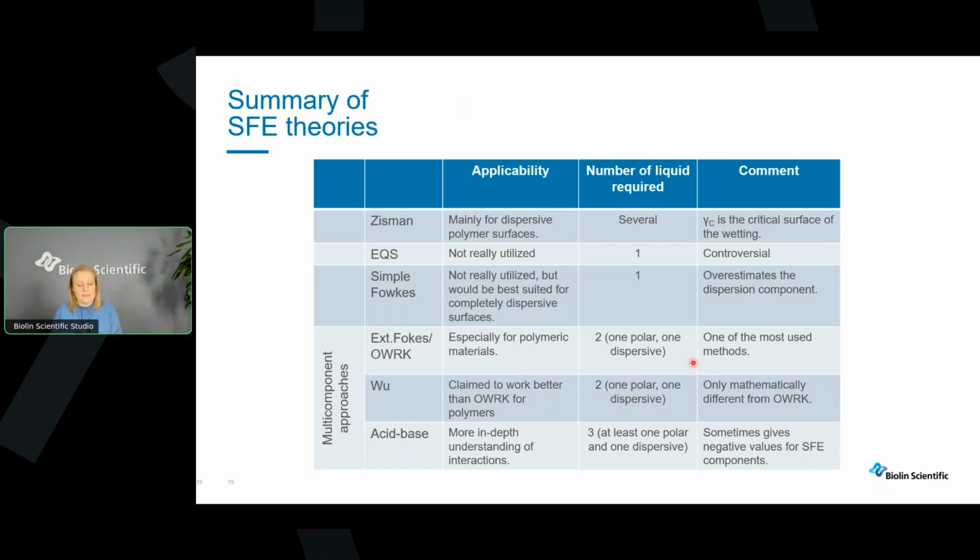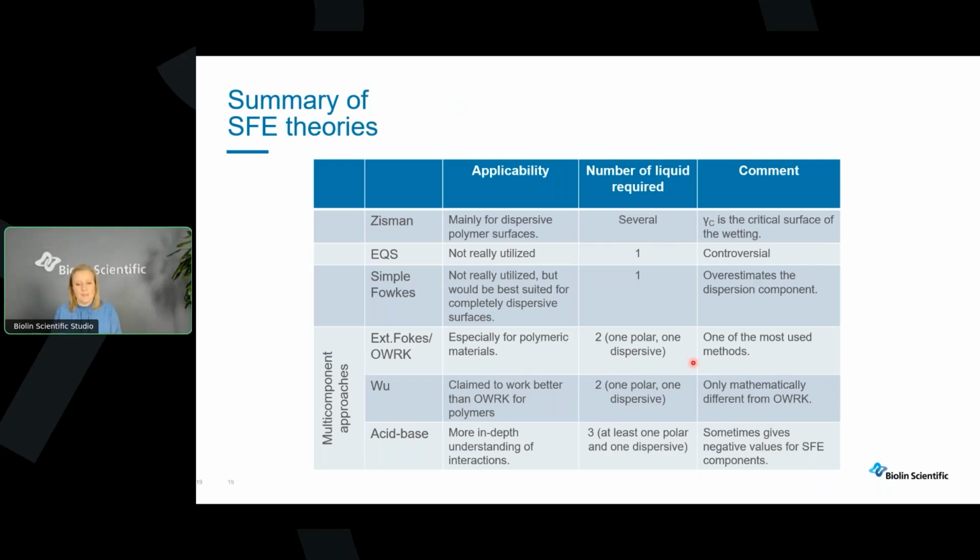In some cases, it has been claimed that the Wu method would actually work better for polymers, but if you look at contact angle measurement software, where you can see the results with different theories, the OWRK and the Wu method are typically very close to each other.